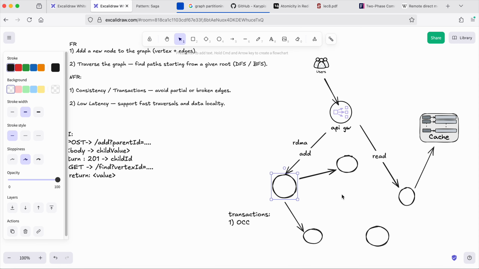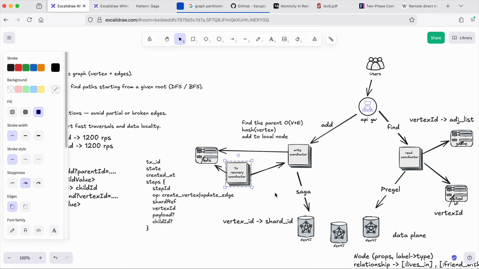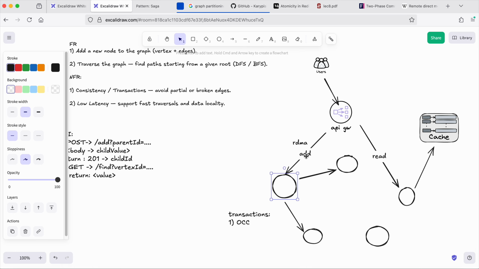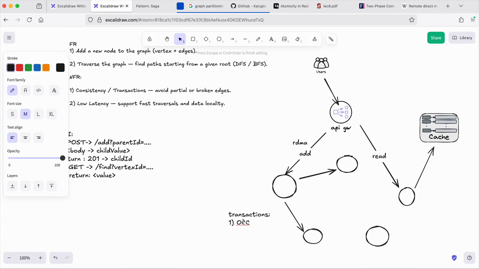About the write consistency, in the first approach we are using the Saga, and this one for adding the things will use transactions about optimistic concurrency control, or the two-phase commit. For the storage, I forgot to add it, sorry.